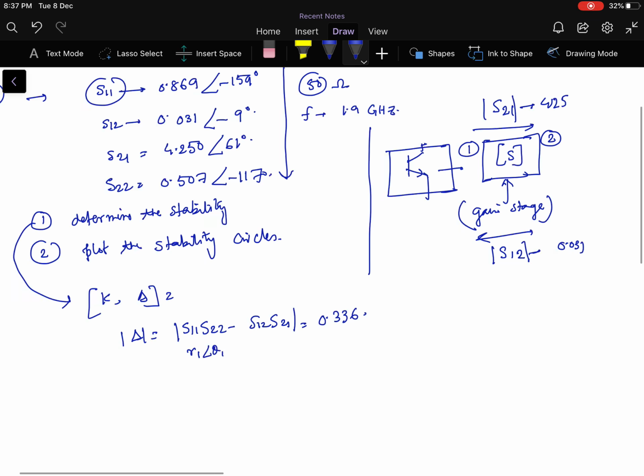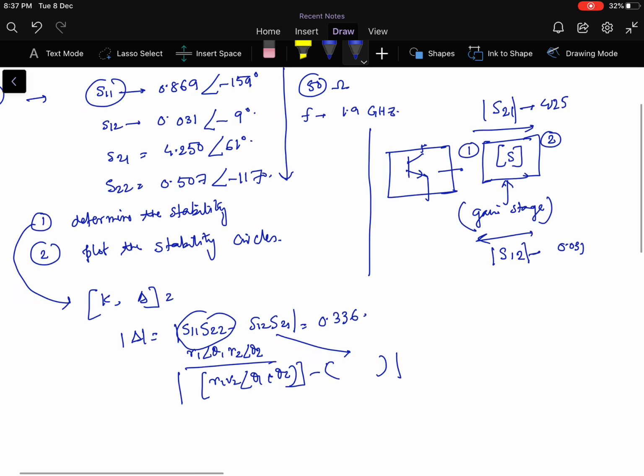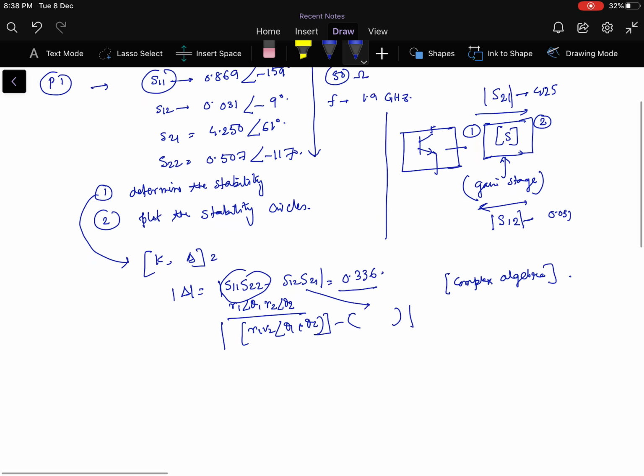Actually this is of the form R1 angle theta 1, R2 angle theta 2, so R1 R2 angle theta 1 plus theta 2, like that you have to calculate, and then take the magnitude. It's simple complex algebra.